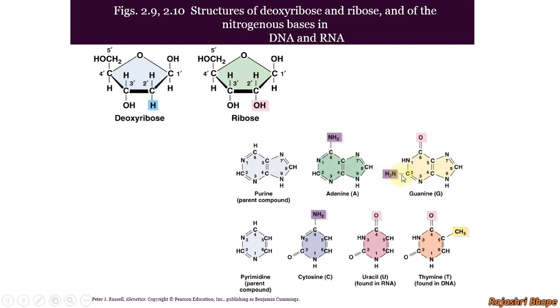Guanine is 2-amino 6-oxypurine, because at the second carbon an amine group is attached and at the 6th carbon oxygen is present. So guanine is 2-amino 6-oxypurine.